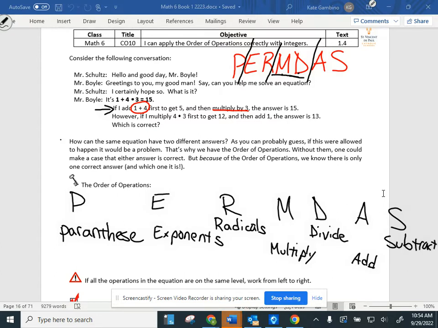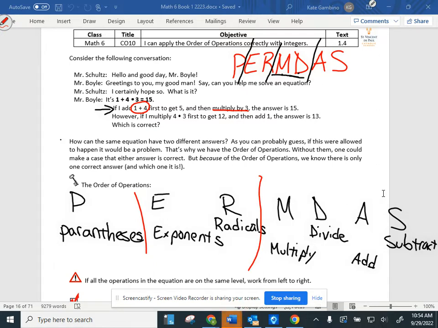And remember I said there are levels. What is our first level? What is the first thing that we look for? Parentheses. Oops, I got my S here. Parentheses. What is our second level? Exponent and radicals.